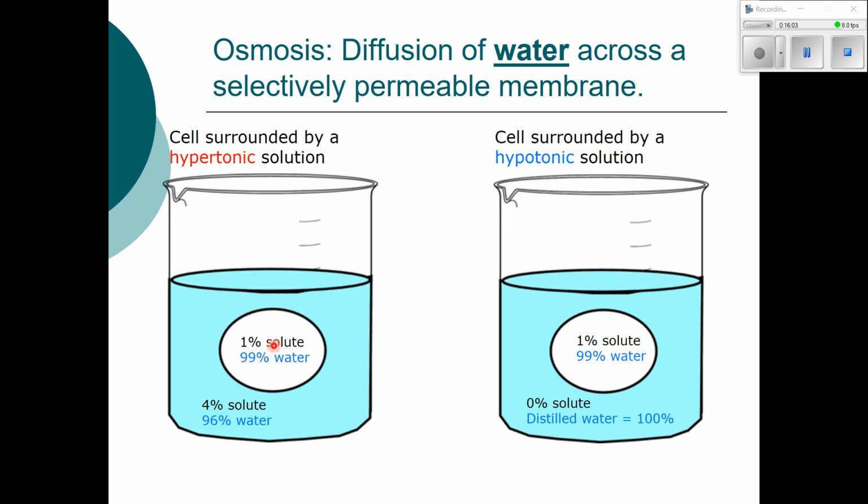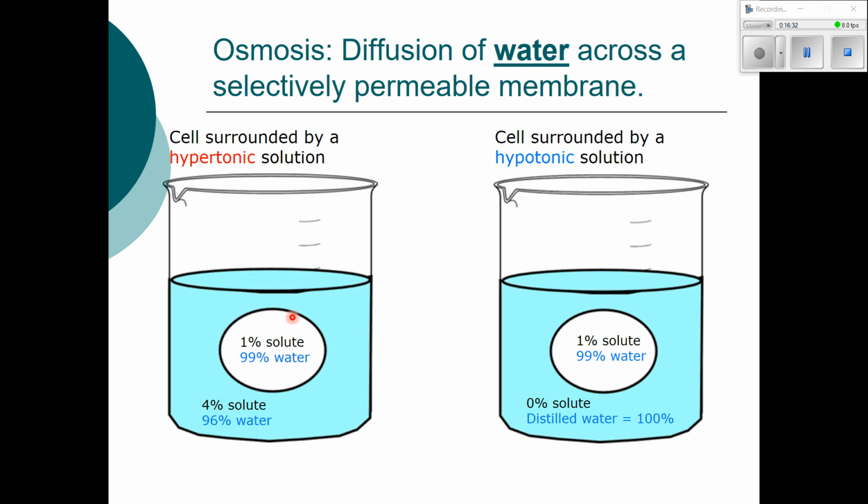So notice inside the cell, in the cytoplasm, it's 1% solute, 99% water. That's pretty typical, I think, of most cells. The cytoplasm is mostly water, but it does have glucose and various ions like potassium and sodium. So it's not 100% water. It's not pure water. There are solutes dissolved in there. So we'll say it's about 1%.